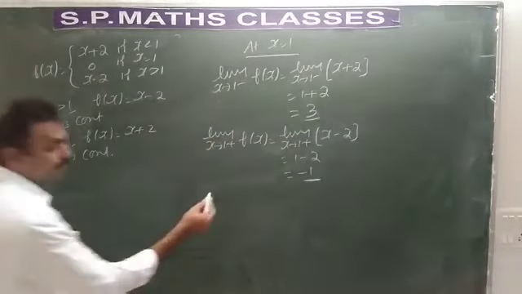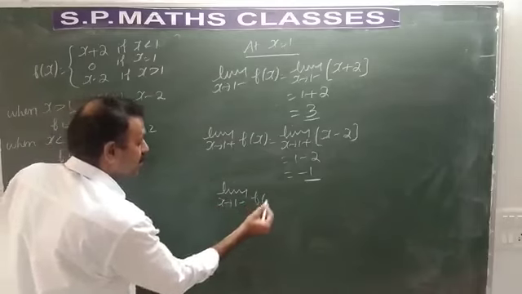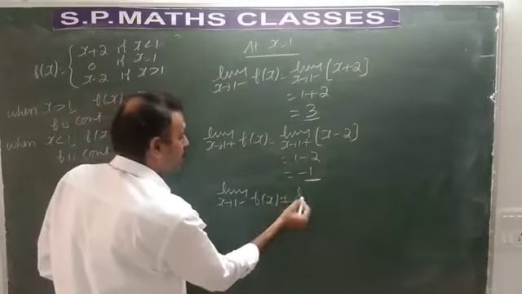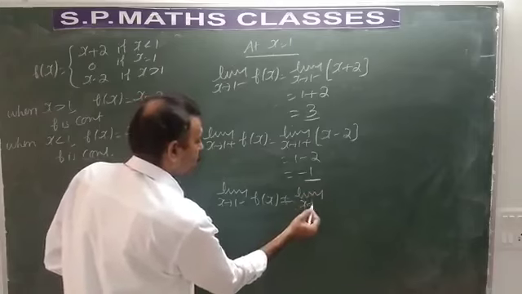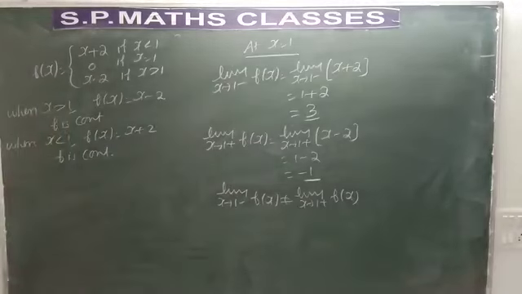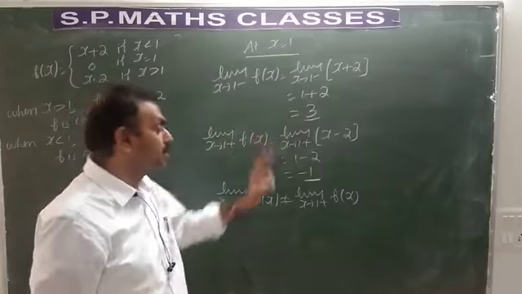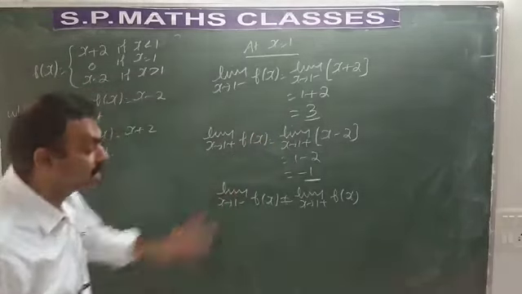We can verify here: the limit as x tends to 1 minus of f of x is not equal to the limit as x tends to 1 plus of f of x. That is, the left hand limit is not equal to the right hand limit. Left hand limit is 3, right hand limit is minus 1. They are not equal.